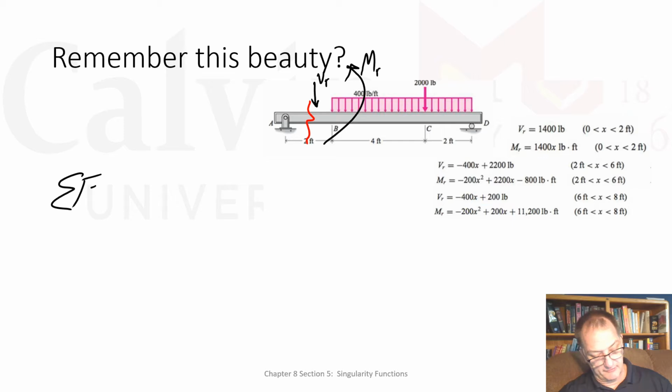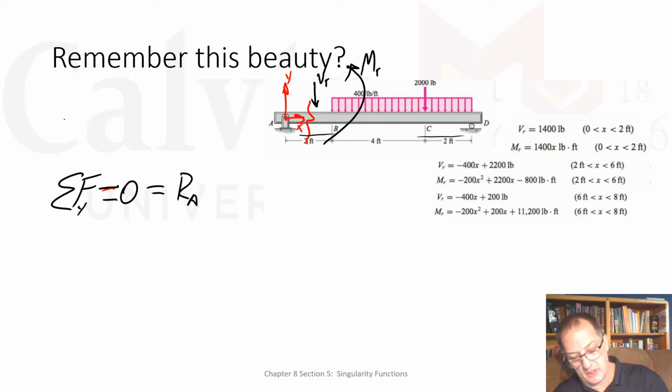Now the sum of the forces in the y direction, and I'll put on my coordinate system, equal to 0, is equal to, well, I have my reaction force at A, and that's going to be true anywhere I go, that reaction force is going to show up. And I have minus VR, and there aren't any other terms.